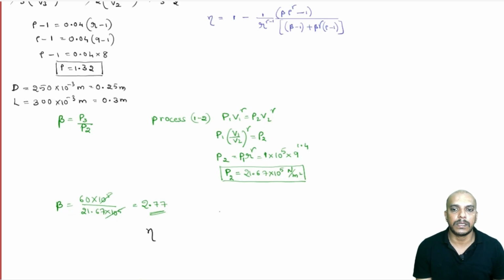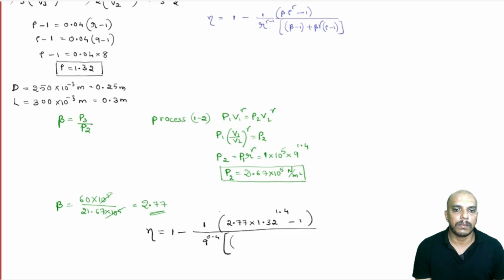Now efficiency is equal to 1 minus 1 by, now R is 9, 9 power gamma minus 1, gamma is 1.4 minus 1, so this will be 0.4, and beta is 2.77 multiplied by rho, which is 1.32, power 1.4 minus 1.